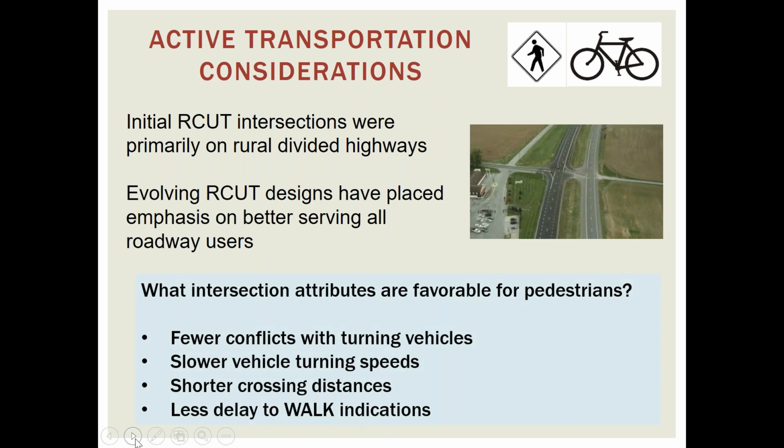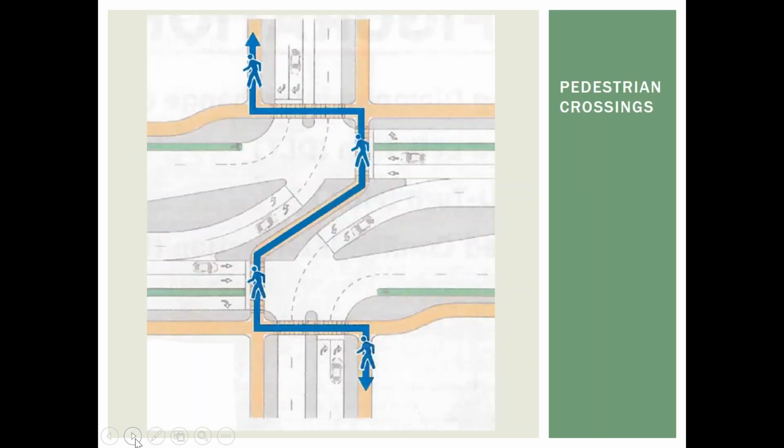And when we think about what is good for pedestrians in terms of intersection designs, we want to minimize the conflicts with turning vehicles. We would like slower vehicle turning speeds, shorter crossing distances, and less delay for the walk indications. All 4 of these can be achieved with a R-CUT, the signalized R-CUT.